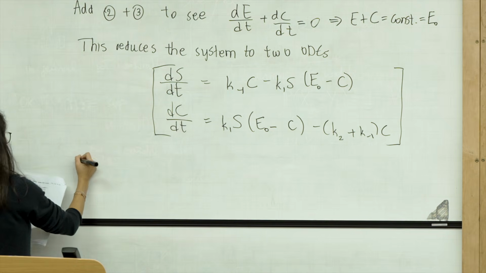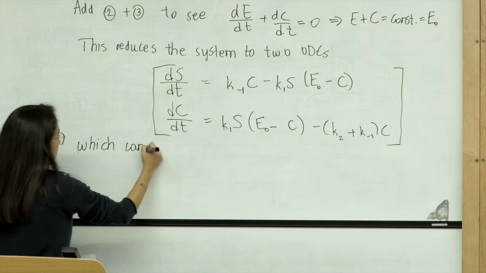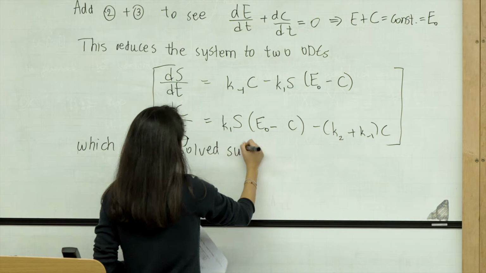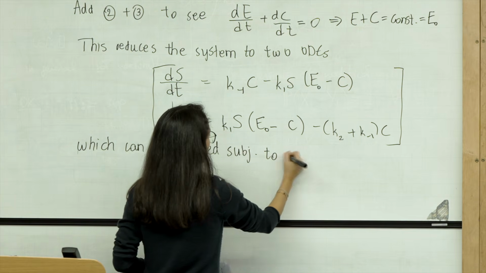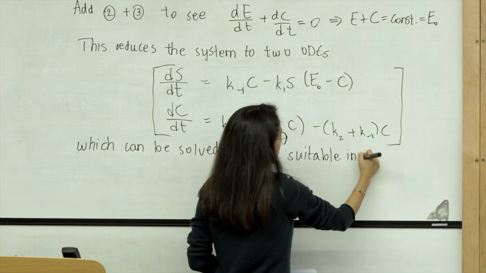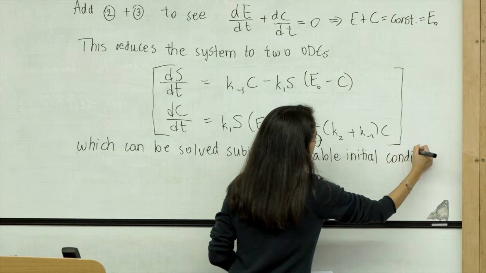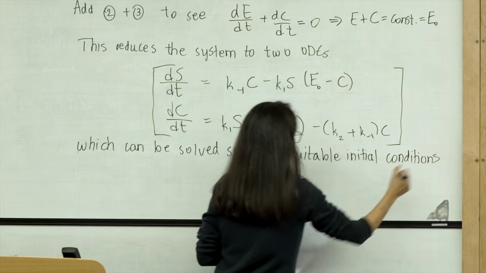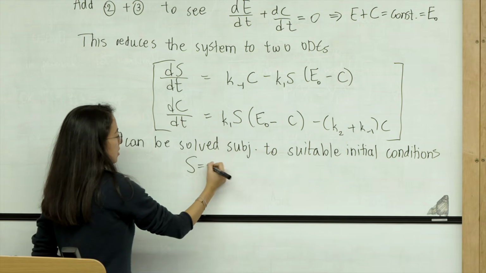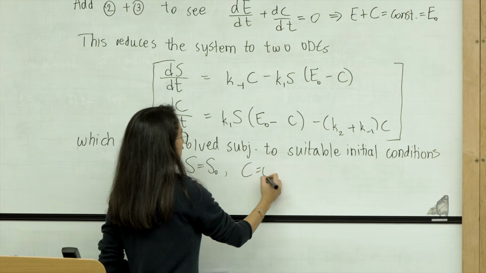So this can be solved subject to suitable initial conditions. You might be given something else than the one I will give you now, but it will be straightforward how to extend it to that case. For now, I will just say that the initial substrate is S0 and that there is 0 complex at time 0.